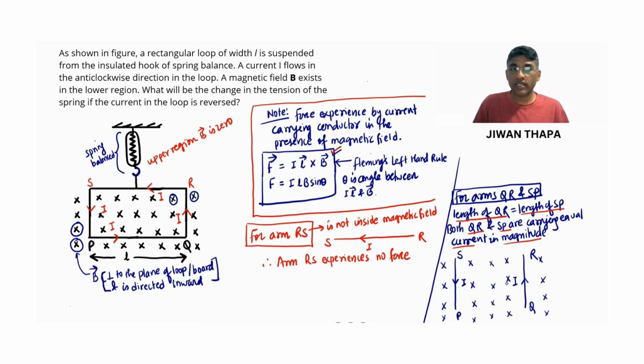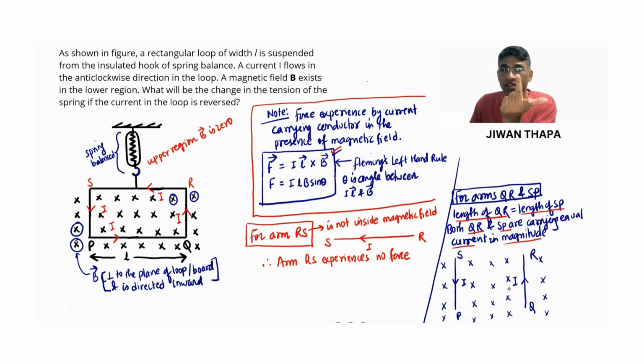Now let us find the direction of force experienced by QR. So we use Fleming's left hand rule. I'm taking my left hand, and the first finger or index finger I point along the direction of magnetic field, which is acting in inward direction. My central finger gives the direction of current, which is flowing in upward direction. And the stretched thumb gives the direction of force.